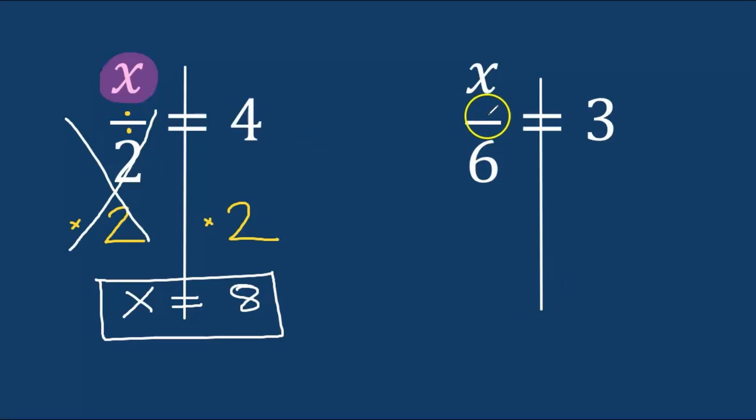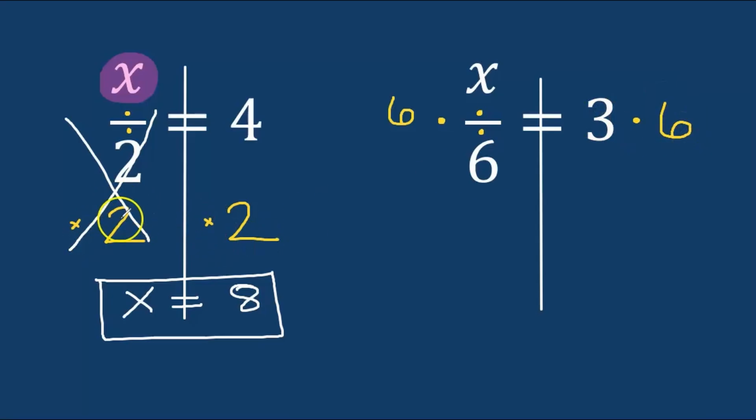That fraction sign means division, and so we do need to multiply. But most of the time, you are going to see the multiplication happening with a dot, not an x, and the multiplication is going to be up here. We're multiplying this side by 6, so therefore we are going to multiply this side by 6.